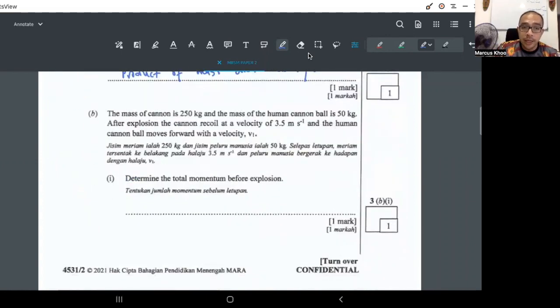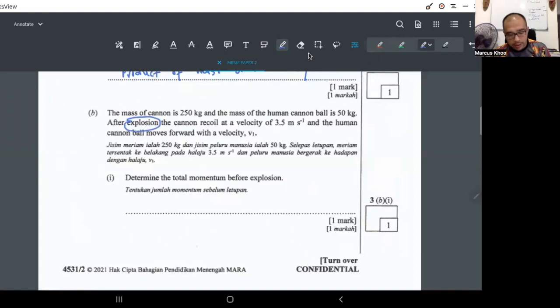The mass of the cannon is 250 kg and the mass of the human cannonball is 50 kg. Wow, the guy is very light, only 50 kilos. Now, after the explosion, so we know that this is an explosion event, the cannon recoils at a velocity of 3.5 and the human cannonball moves forward with a velocity of v1. So let's take a look at this. After the explosion, this is the cannon.